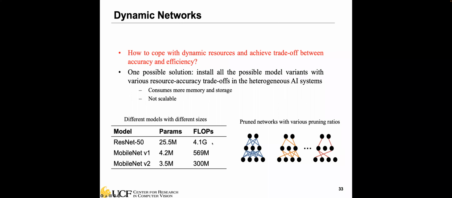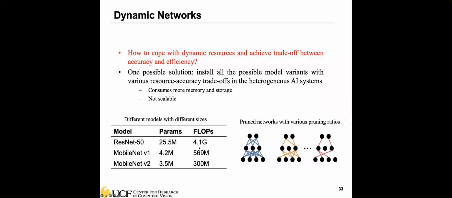4.1 gigaflops. Once the battery is going down or the resource becomes very limited, then I can switch the model. I don't use ResNet 50 anymore; I switch to MobileNet. It has better efficiency, with only 4.2 million parameters and only 569 million flops.